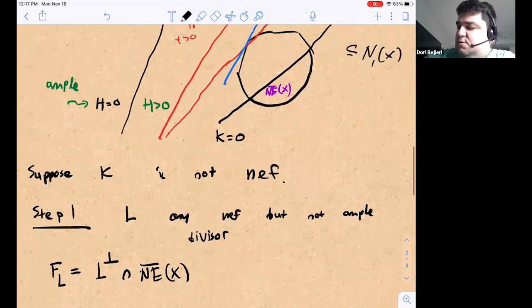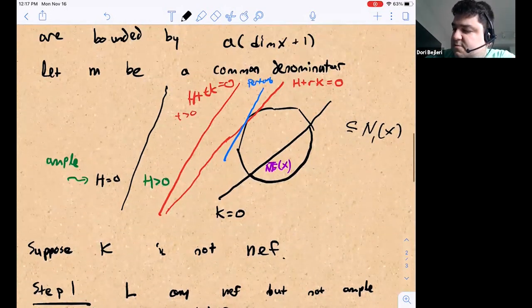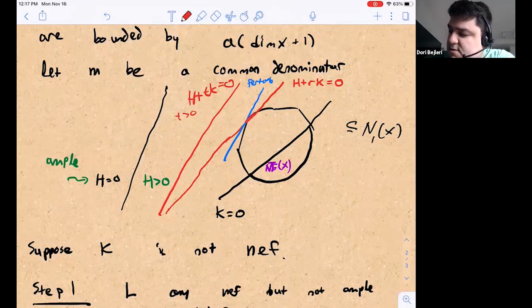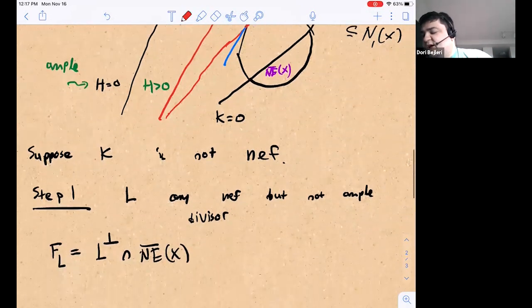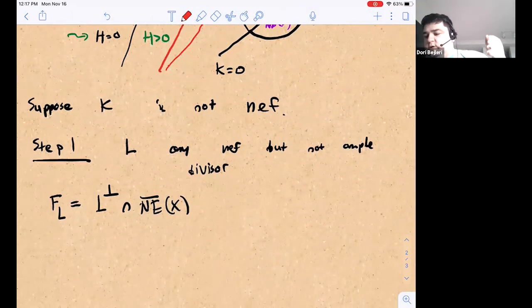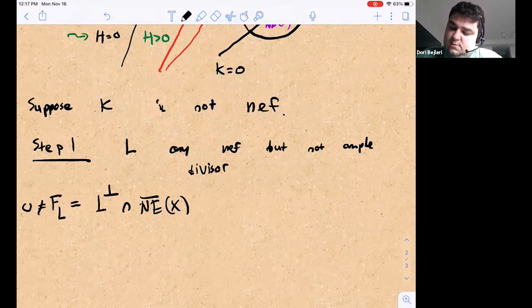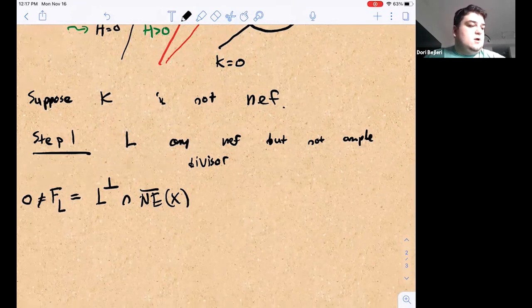So that's exactly what's going on here. That'll be, in this case, this face over here, if L is H plus rK. But for any L that's nef but not ample, we get such a face, and the point is, because we're assuming that L is not ample, this is not just 0. So if we happen to pick an ample, then this intersection would just be 0.